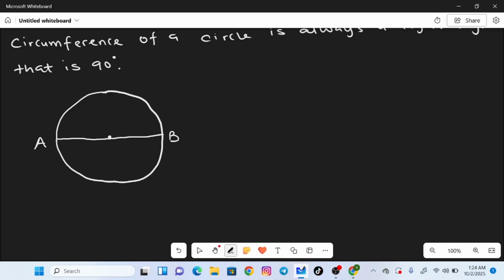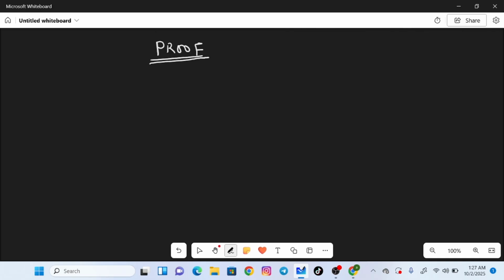Let us say this point is C, and let us join AC and CB. And the theorem says that this angle is always 90 degrees.